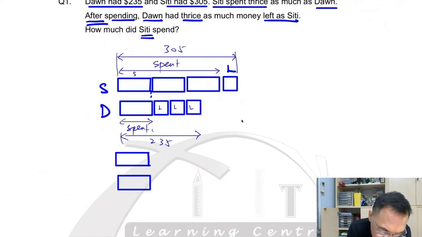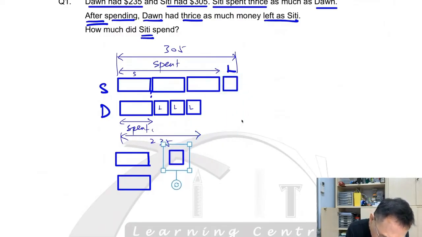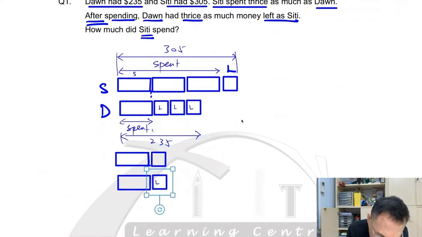Then, I'm going to take one piece of the left from Siti and put it here. And one piece of the left from Dawn, and I'm going to put it here. So far, I have rearranged this piece, and I've rearranged this piece.